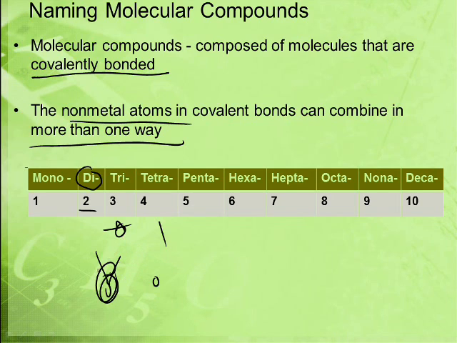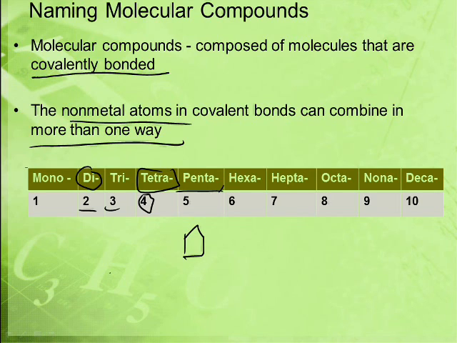A tricycle, tri is three, triangle. Tetra, four. Penta, like a pentagon, five. Hexa, six. Hexagon is six-sided. Hepta might probably be the hardest one to remember, as hepta is seven. Octa, octopus, eight.